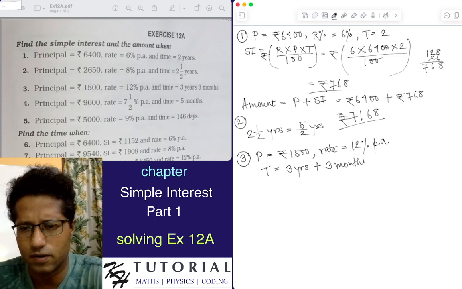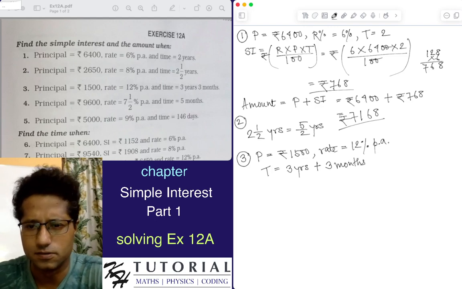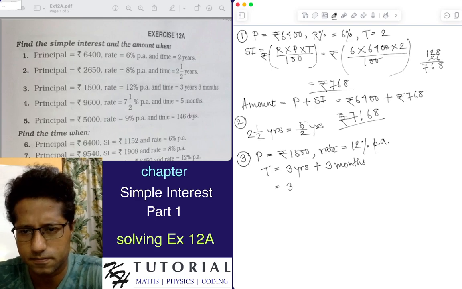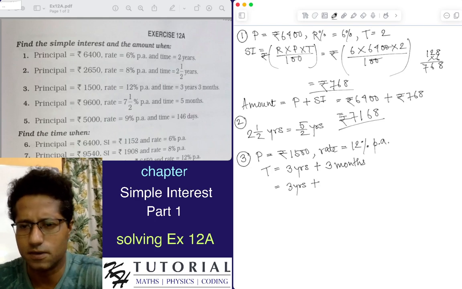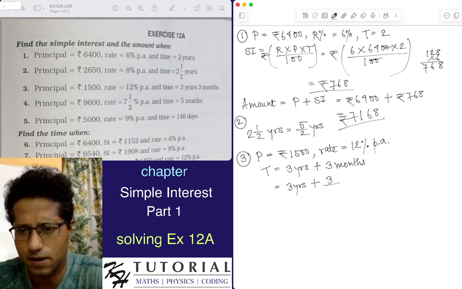Now how do you convert this into years? So this is 3 years. Now 3 months, how many years is 3 months? Definitely 3 by 12 years.